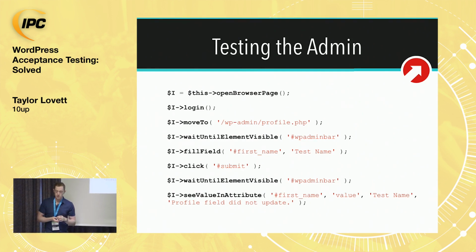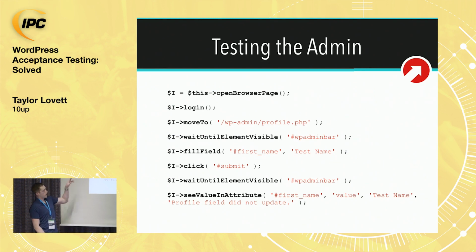That method does take those as optional parameters, but you don't need to provide them because it automatically knows an admin user and password to log in with. So that's convenient. After we log in, we're moving to wp-admin/profile.php. That's the view that lets users manage their profile.